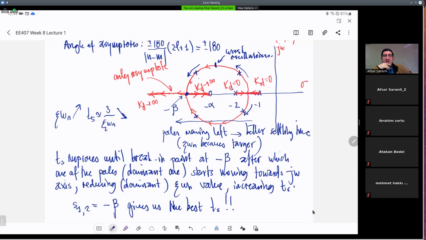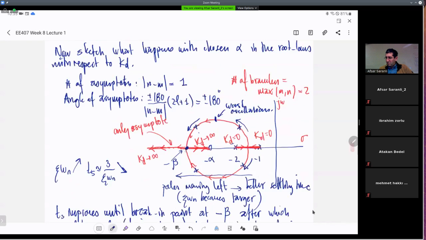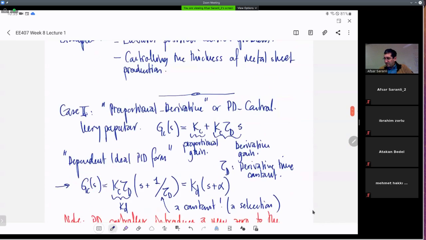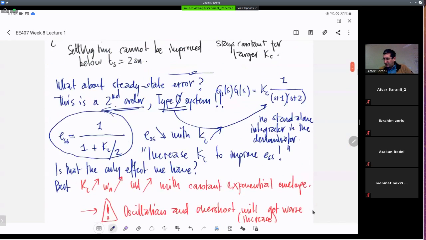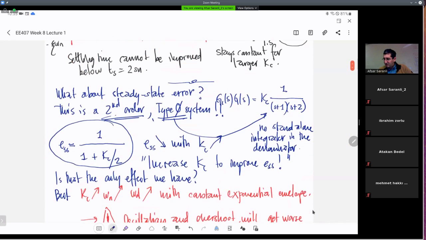What about the steady state error? Is it 0? No, it's not, because the type of the system did not change. I introduced a 0. The system is still type 0. What is our type? Did we say we have a type 1 system? Oh, okay, type 0 system. Check.